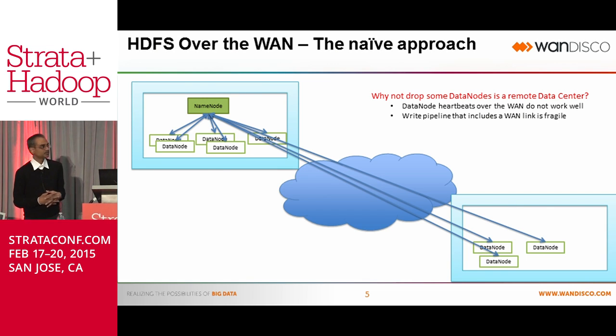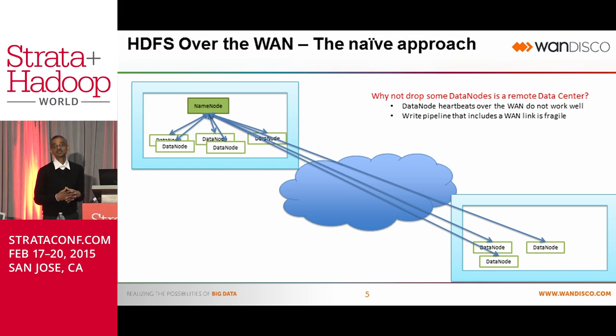But the reason that this architecture doesn't work is that data nodes heartbeating over the wide area network is very prone to failure. So the name node might consider data nodes as offline or unavailable, even though they are. This causes massive disruption in your main data center's Hadoop.